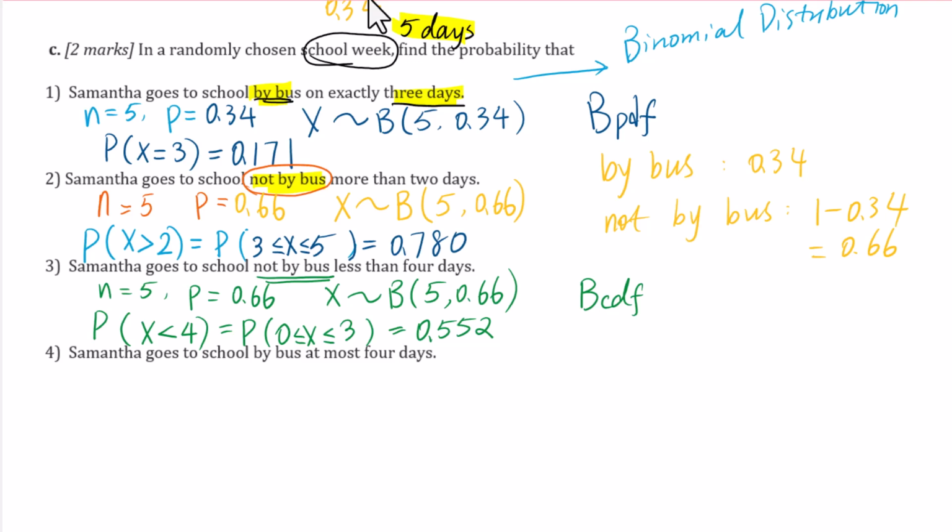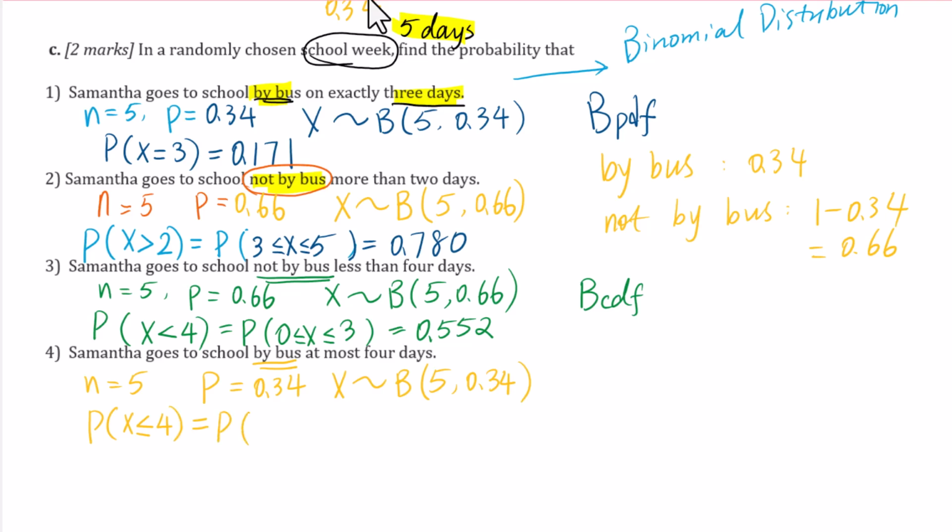Let's go to question 4. Samantha goes to school by bus at most 4 days. N equals 5. Probability of going to school by bus is 0.34. X follows binomial distribution with 5 and 0.34 as the probability of going to school by bus. We are looking for probability of X less than or equal to 4.